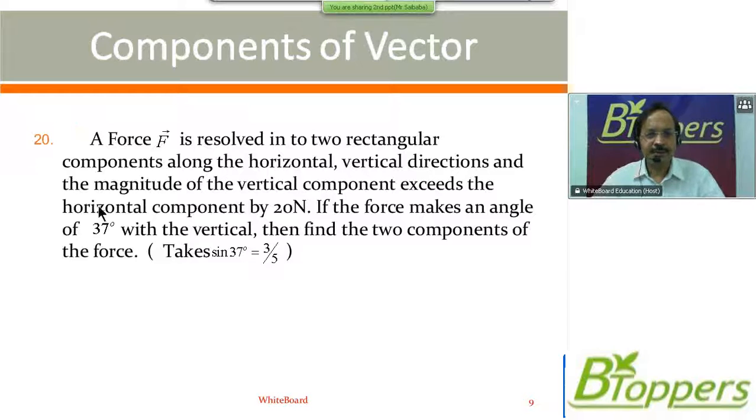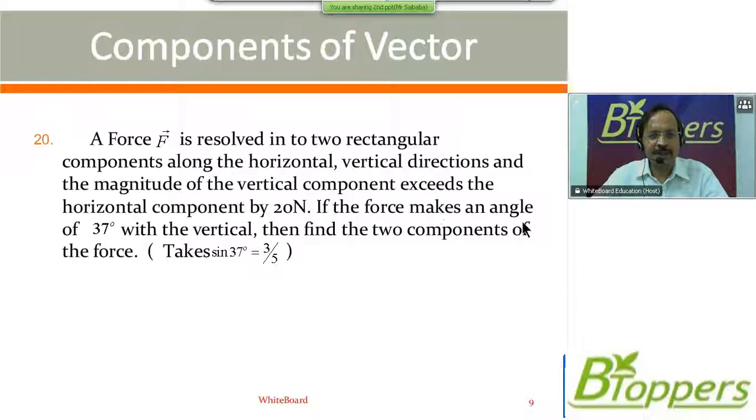So look at this problem based on resolution of the force in 2 rectangular components. I will read out the problem. A force F bar is resolved into two rectangular components along the horizontal and vertical directions, and the magnitude of the vertical component exceeds the horizontal component by 20 Newton.